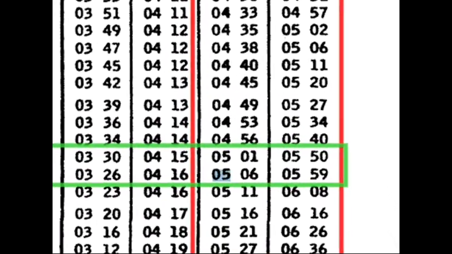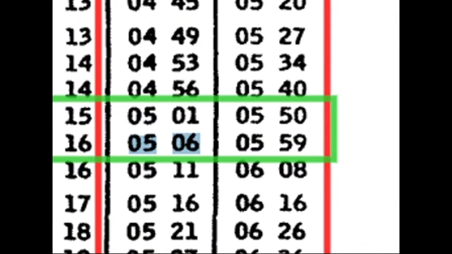So our base time for the 3rd of May is 0506 LMT, and on the 4th, it's 0559 LMT. That tells us that at every central meridian on the 3rd of May, the moon will rise at 0506 LMT, and on the 4th of May, it'll rise at 0559 LMT.